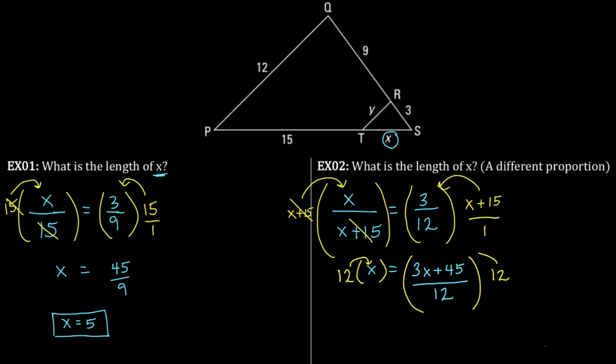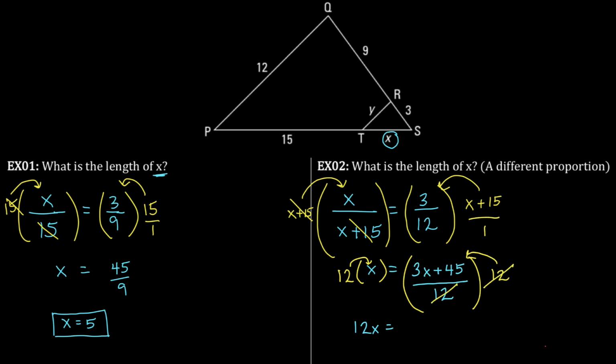So we end up with 12x equals 12 times... Oh, I forgot, we don't have to do all this. Remember, the point of doing this is so that we can cross these out.